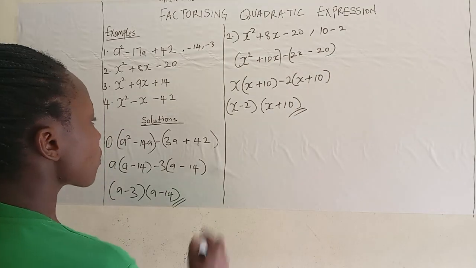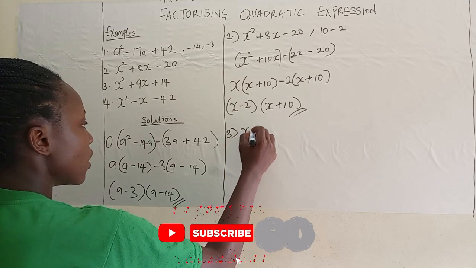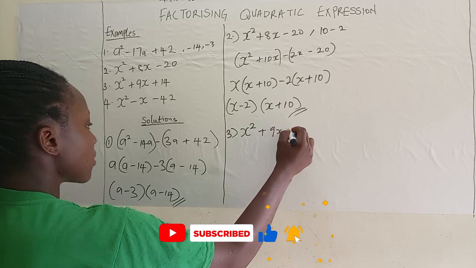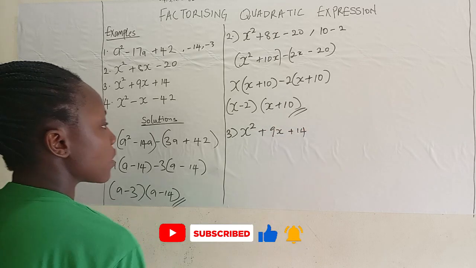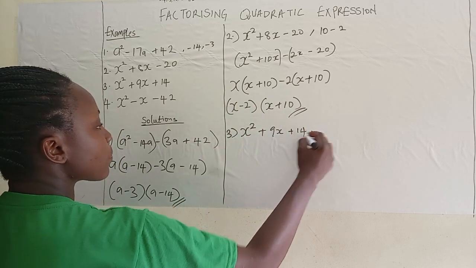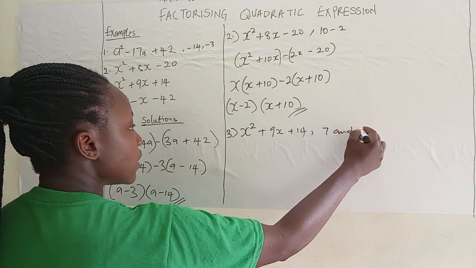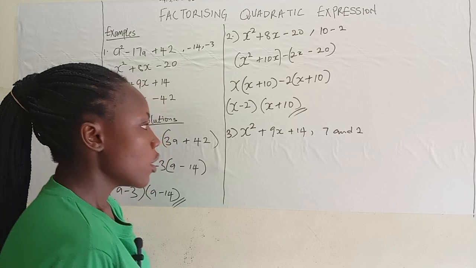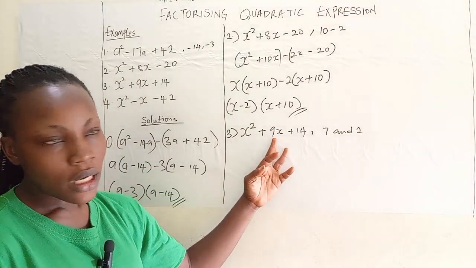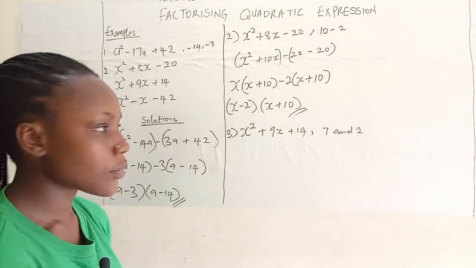Let's move into the next question, number 3, where we have x squared plus 9x plus 14. The factors here are 7 and 2. If we add these two together, it gives us 9, and if we multiply them together, it gives us 14.